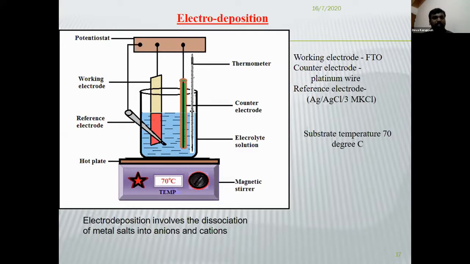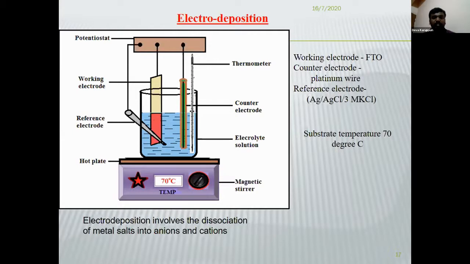So this is the electrodeposition. What is the function here? Electrodeposition involves dissociation of metal salt into anions and cations. It is the same as the chemical bath deposition, but the only difference is that here we should use electrodes.